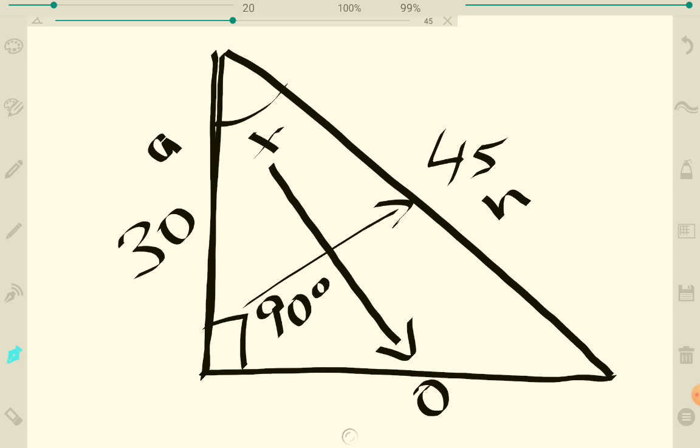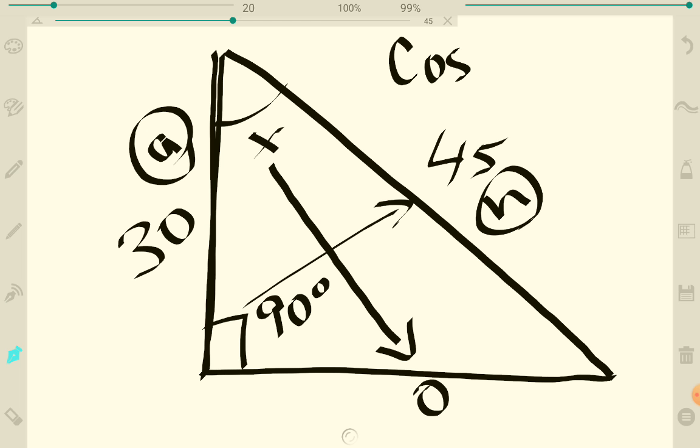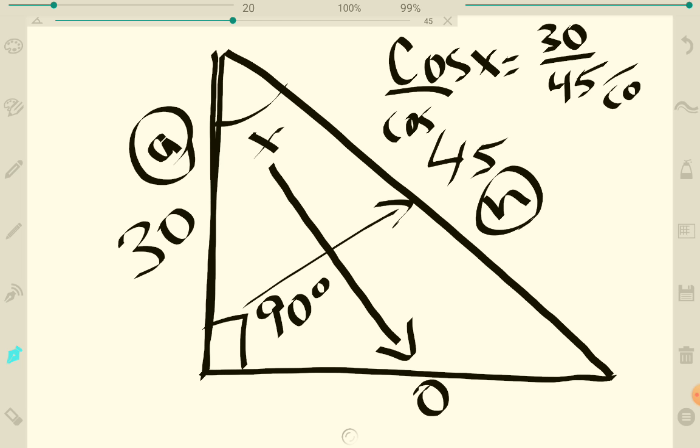So this trig function, we're using a and h. That is going to be cos. So we do cos x equals 30 over 45. Divide both sides by cos. X equals cos inverse 30 over 45.